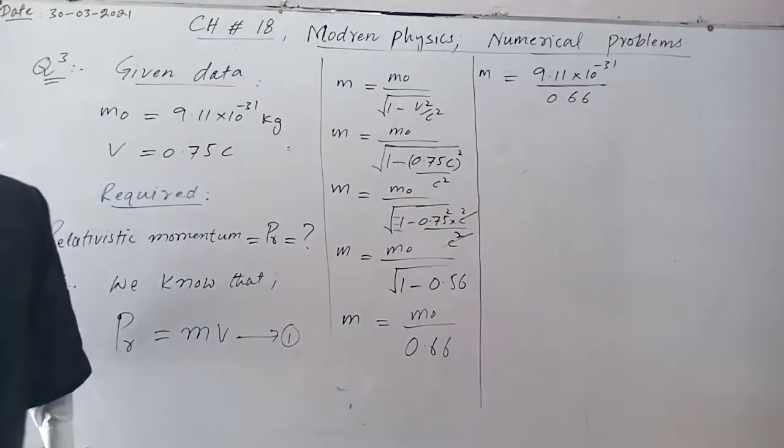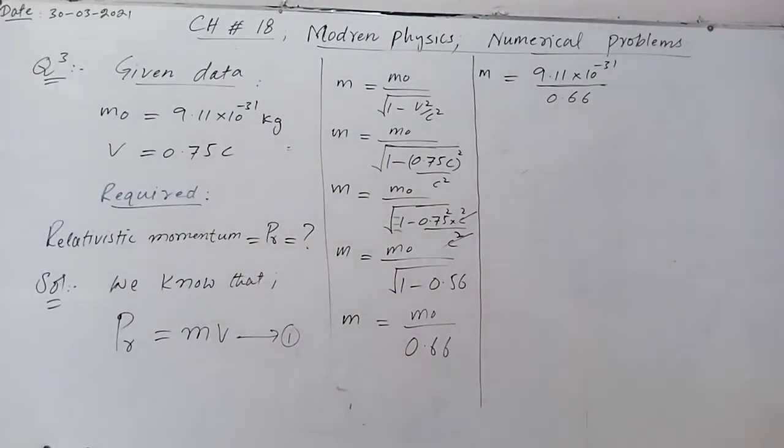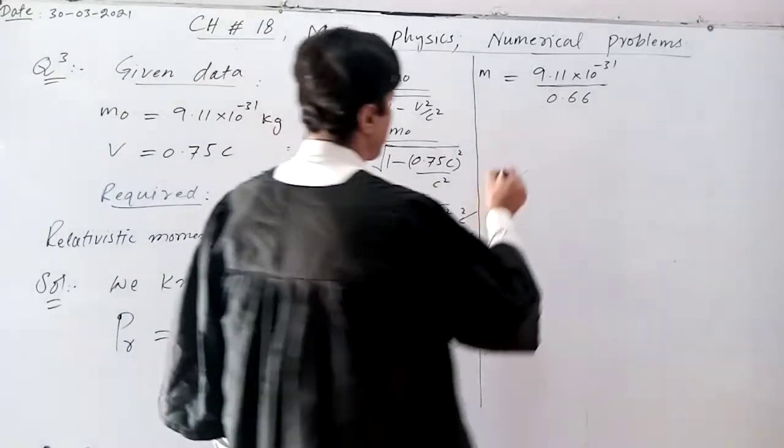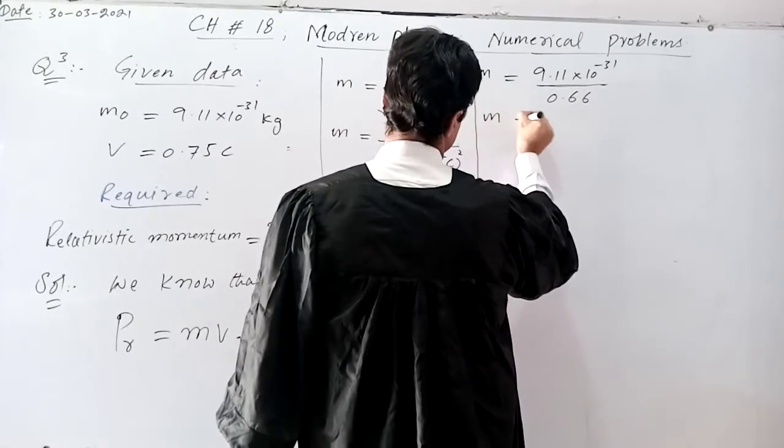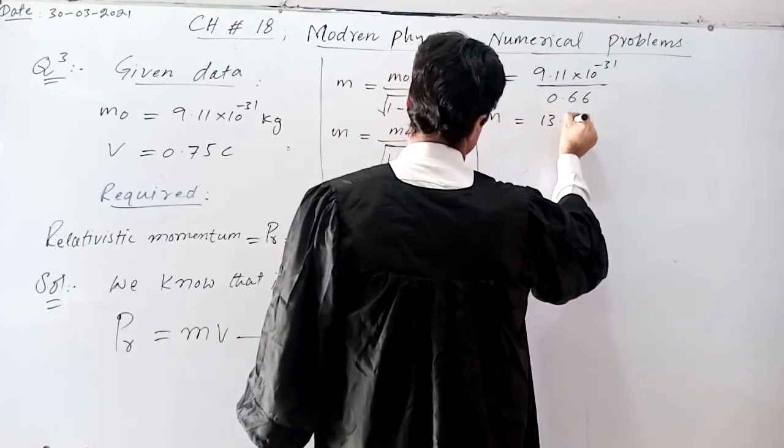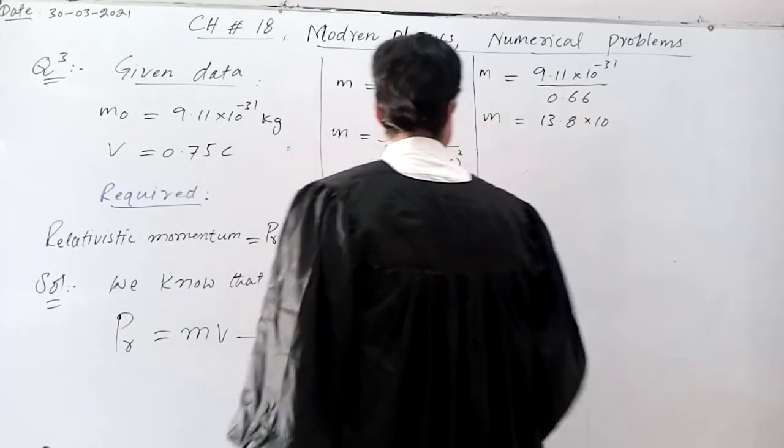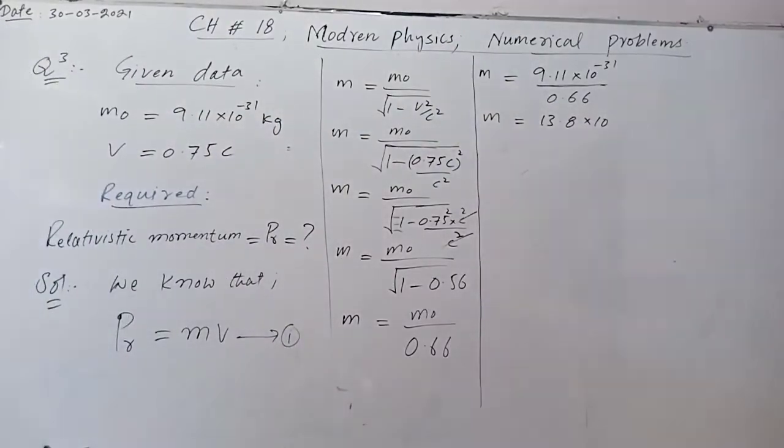By performing this calculation, we get 13.8 multiplied 10 power minus 31. So m equals 13.8 multiplied 10 power minus the same 31.